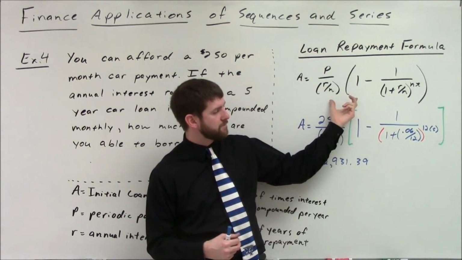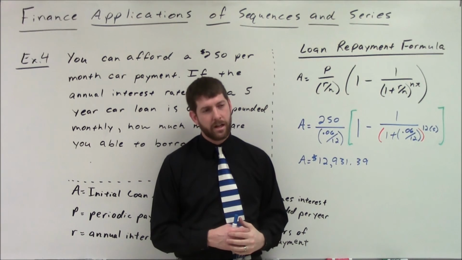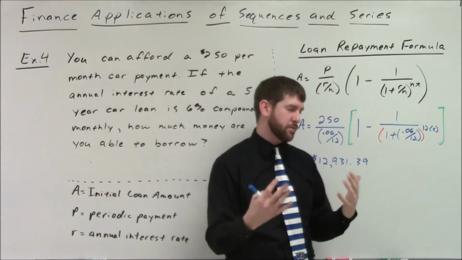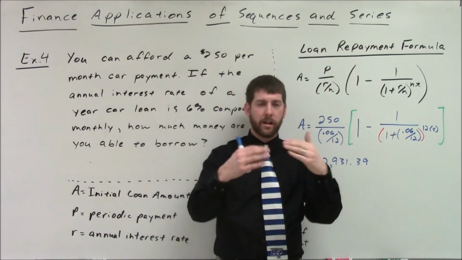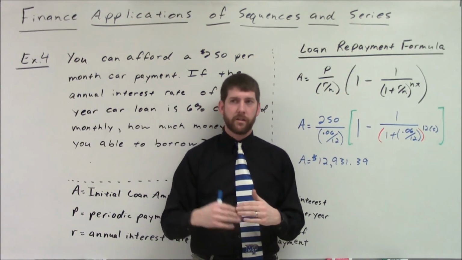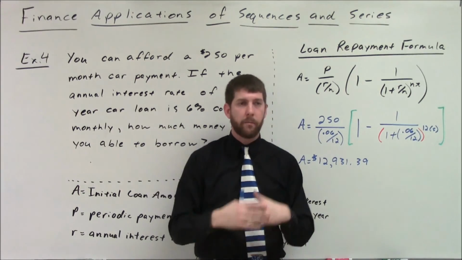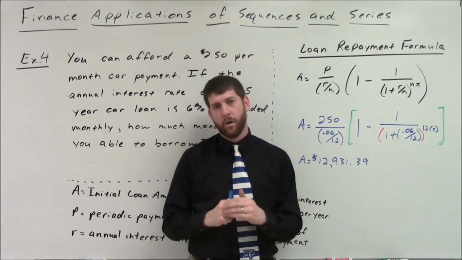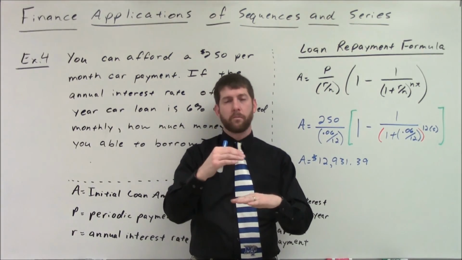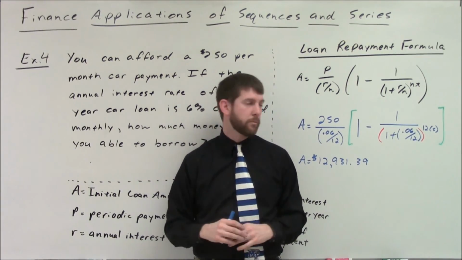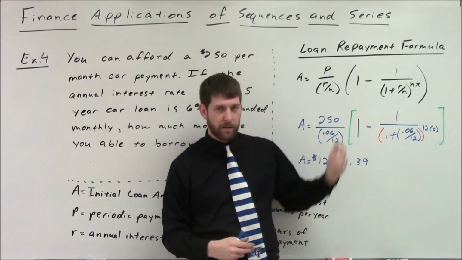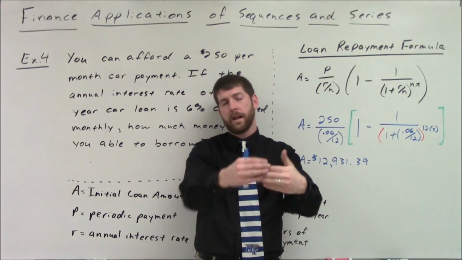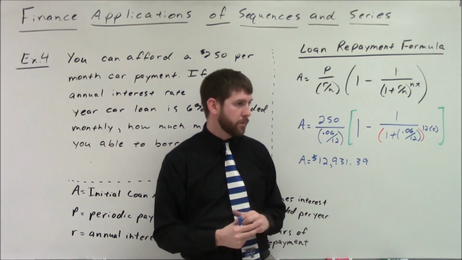But this formula is not necessarily about you paying in and trying to decrease, because what's going on is you're paying towards something, but the goalpost is constantly moving. How much you owe is constantly moving because they're adding interest onto that every time. So while you're paying it down, they're adding more on, and then you'll pay it down and they'll add more on. So that's why it's the slight manipulation of the last formula where we add on, they add on, we add on, they add on, as in the annuity problem.